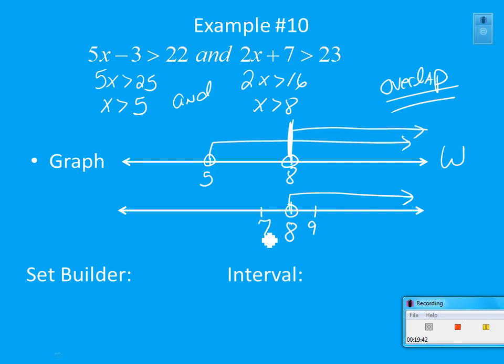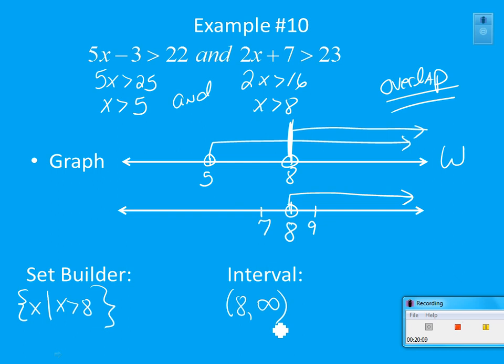Well, this time, since it's not between two numbers, there's going to be an infinity involved. So in set builder notation, the set of all numbers x such that, and I want all the numbers greater than 8, so x is greater than 8. So there it is in set builder notation. In interval notation, parenthesis 8 comma infinity.